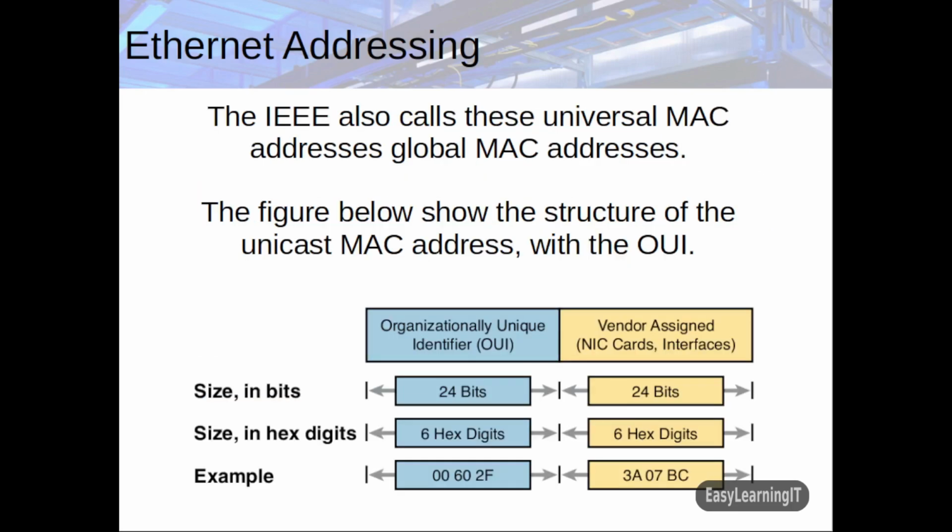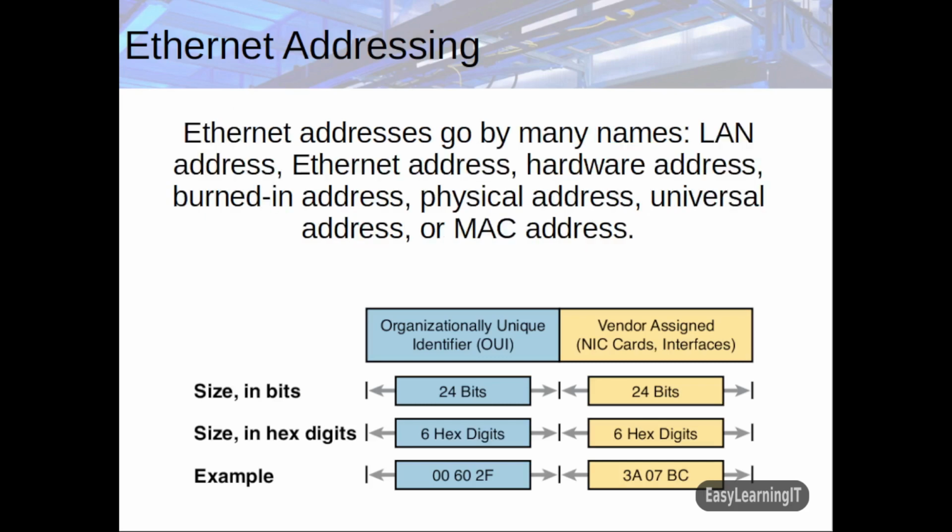The IEEE also calls these universal MAC addresses global MAC addresses. The figure below shows the structure of the unicast MAC address with the OUI. Ethernet addresses go by many names: LAN address, Ethernet address, hardware address, burned-in address, physical address, universal address, or MAC address.